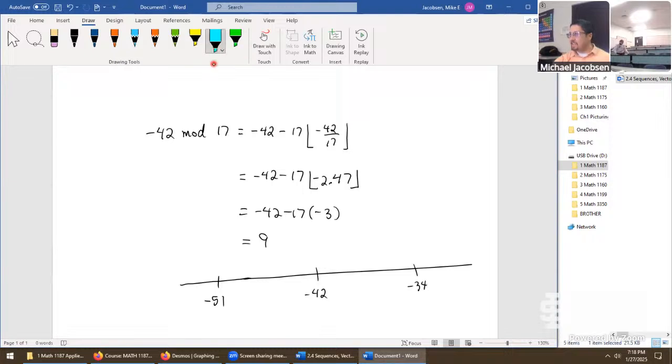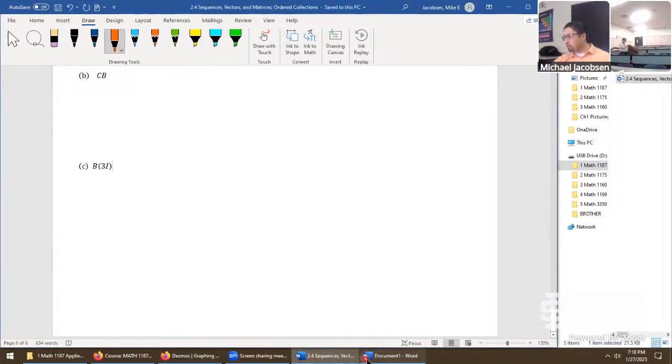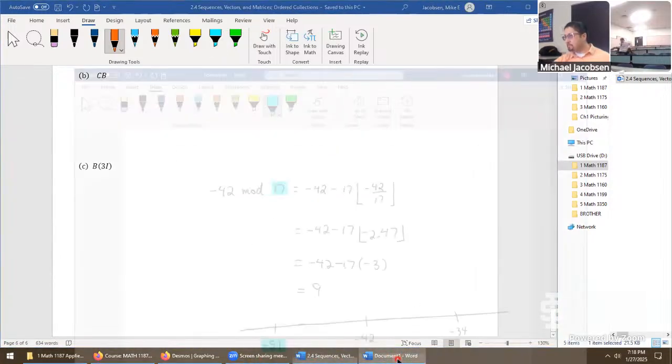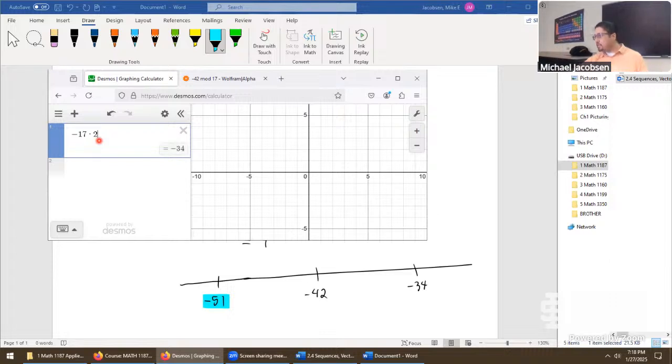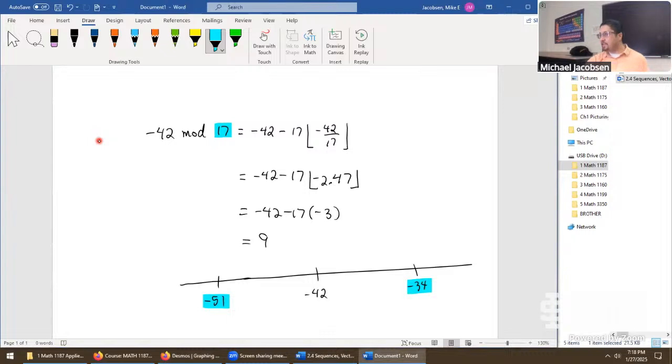Thanks for mentioning that. Another way to think about this is when you think of 17, the negative 51 right here was, hang on, let me get that. It was the third multiple of negative 17. The negative 34 is the second multiple of negative 17.